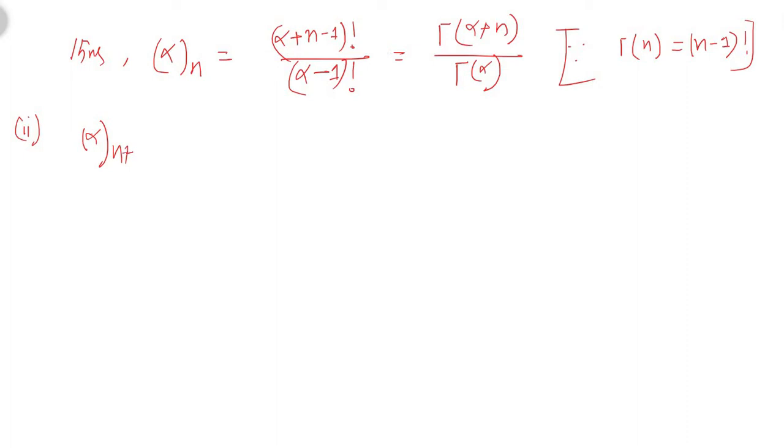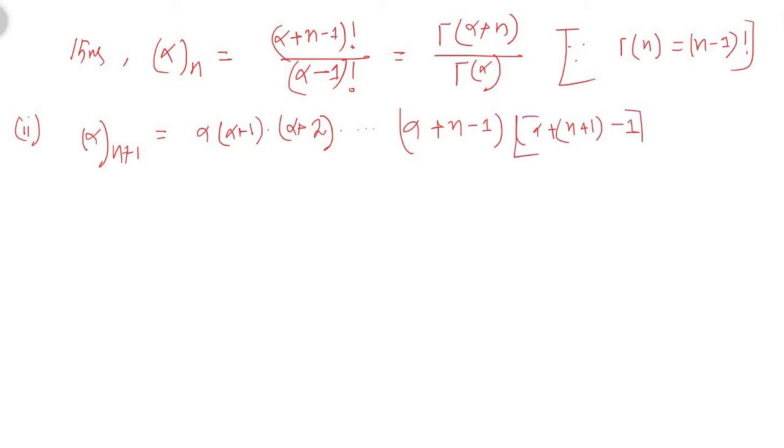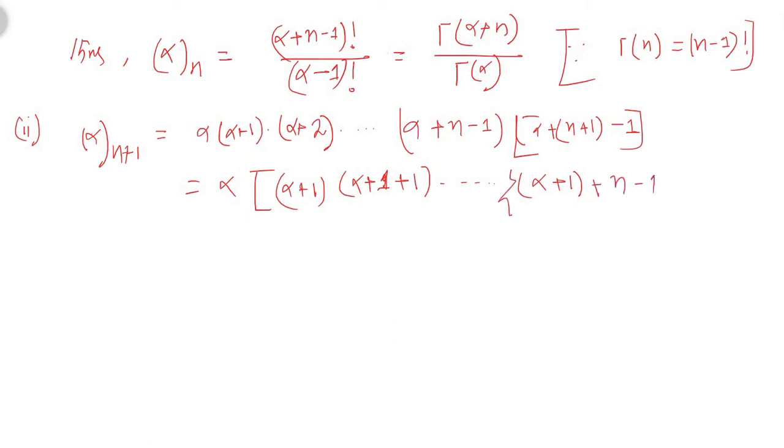In the same spirit, we can write alpha plus 1 n is equal to alpha plus 1 into alpha plus 2 dot dot dot alpha plus n minus 1 ... alpha plus n plus 1 minus 1, which is equal to alpha plus 1, alpha plus 1 plus 1, dot dot dot alpha plus 1 plus n minus 1.